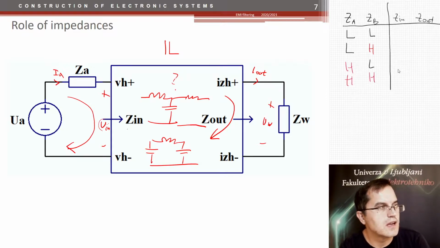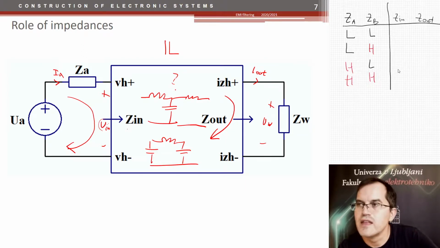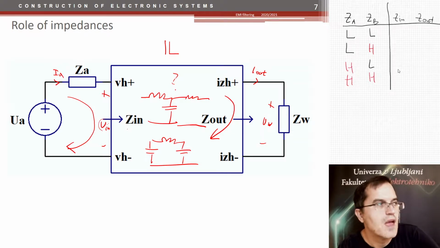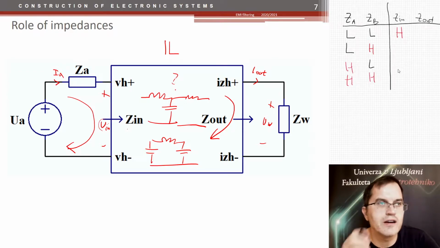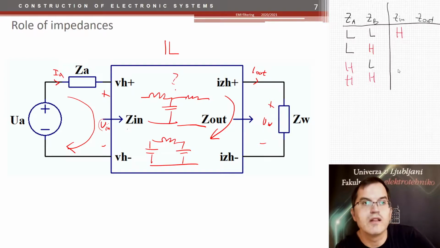Then on the other side, if we have a low input impedance, a low output impedance, then the current will be large. And in order to make the current small, we have to use high input impedance of the filter. So then we will reflect the current back, or we will not allow the current to flow.